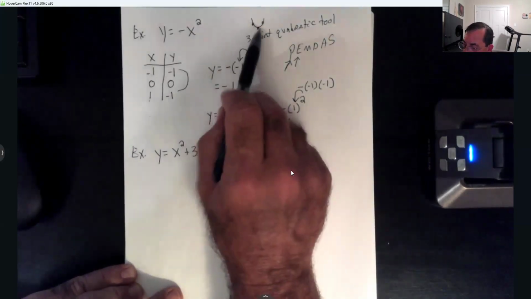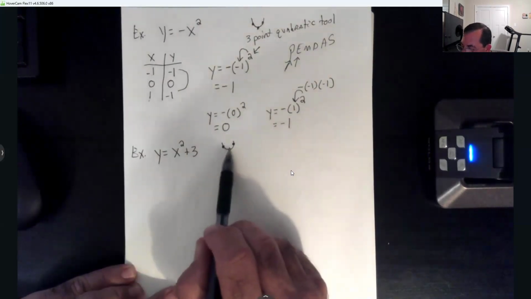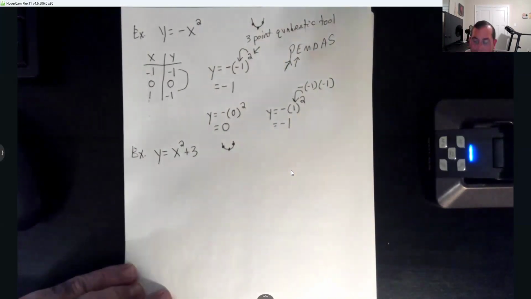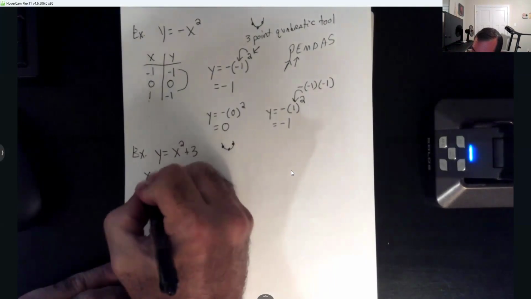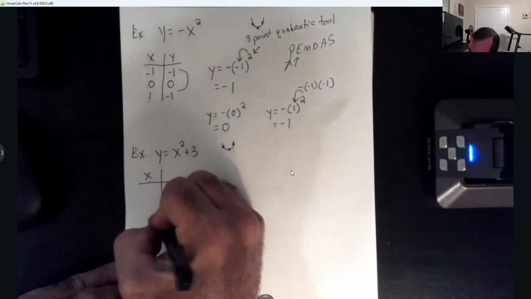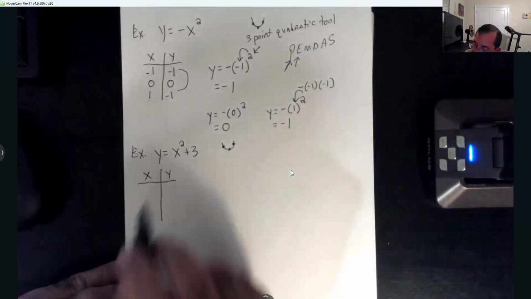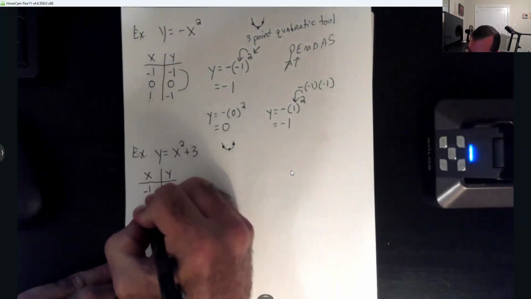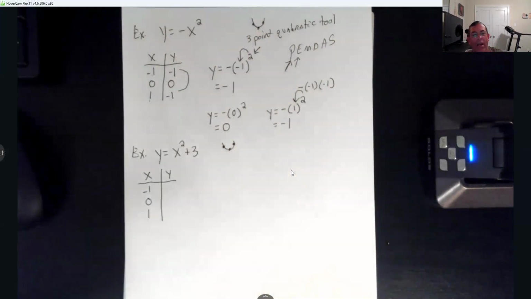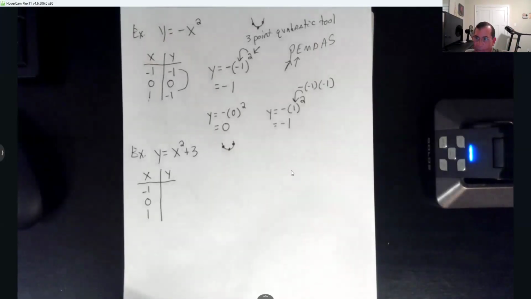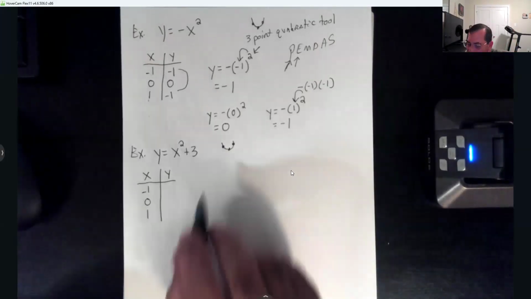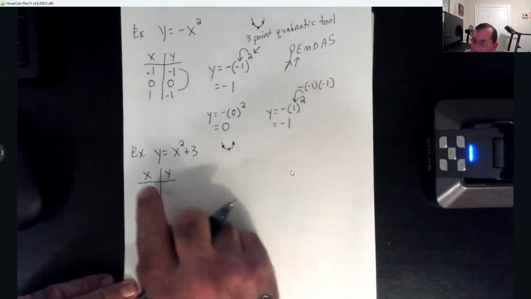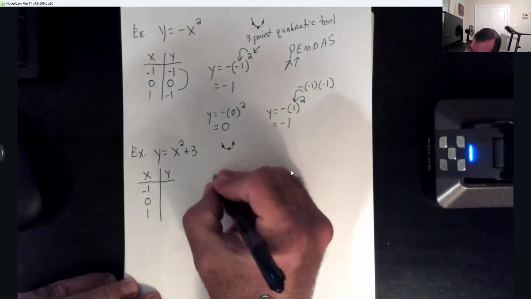So the x squared was the U up here. This x squared is going to be a U-shaped parabola too. Now, since it's an x squared graph, I would use the same 3 numbers: -1, 0, and 1. Every x squared graph in this section, I'd probably use those 3 numbers, okay?